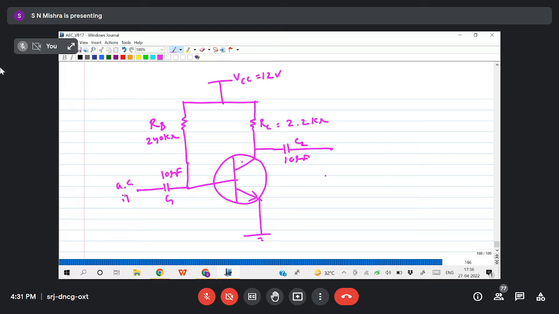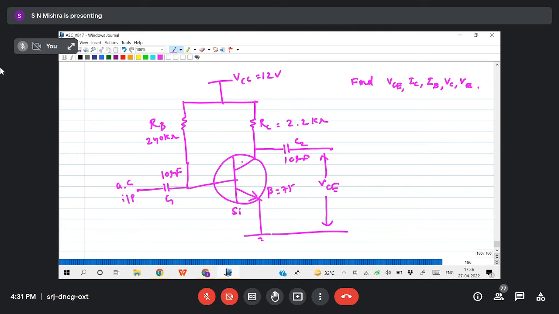Here I am giving the AC input. Then you need to find out VCE. Beta equals 75, silicon transistor. Find VCE, IC, IB, VC, VE.